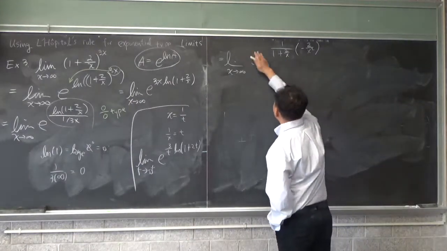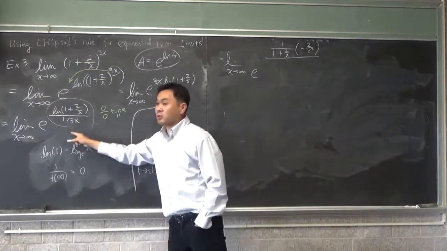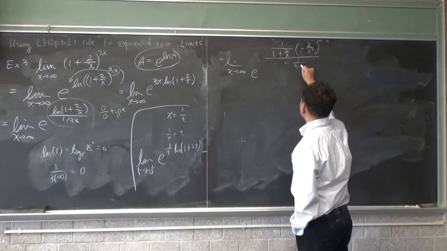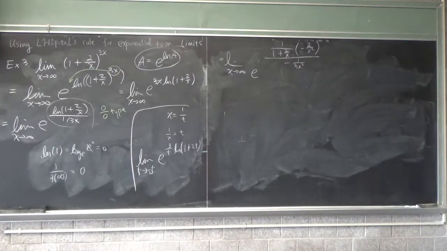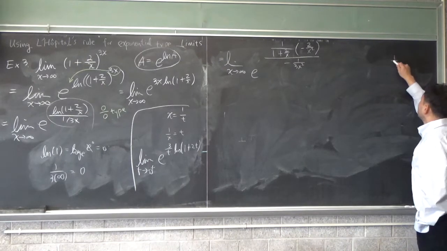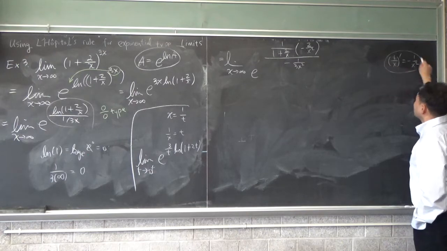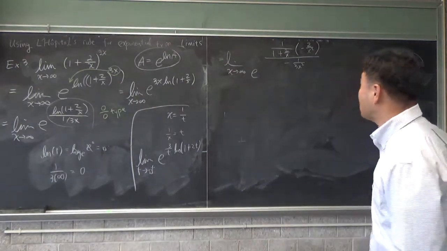But then this is over the derivative of 1 over 3x, which differentiates to negative 1 over 3x squared. You can show this by using the power rule, and it comes up often, so you might as well just remember it.